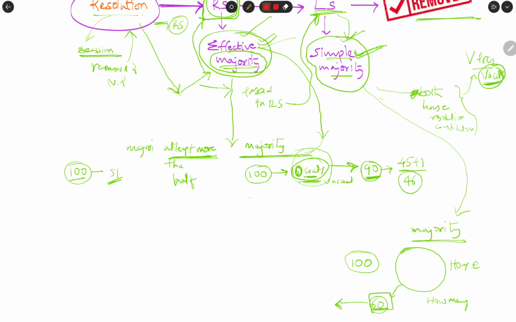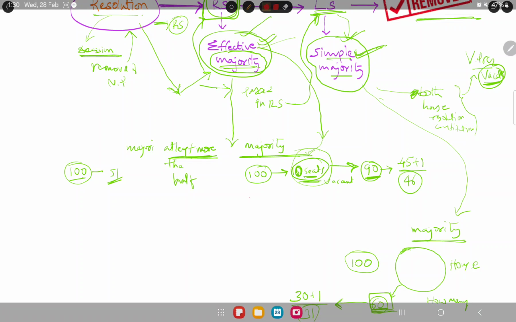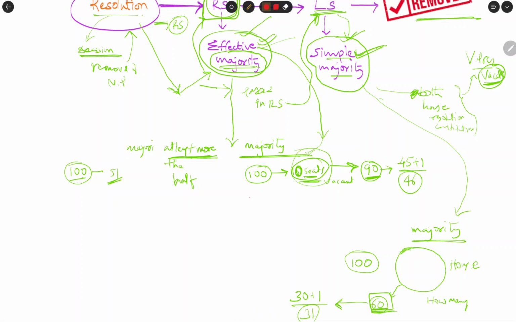What would be the simple majority then? 60, half is 30, plus 1, so 31 is the simple majority. It means if the resolution gets 31 support in the Lok Sabha, it is considered passed.